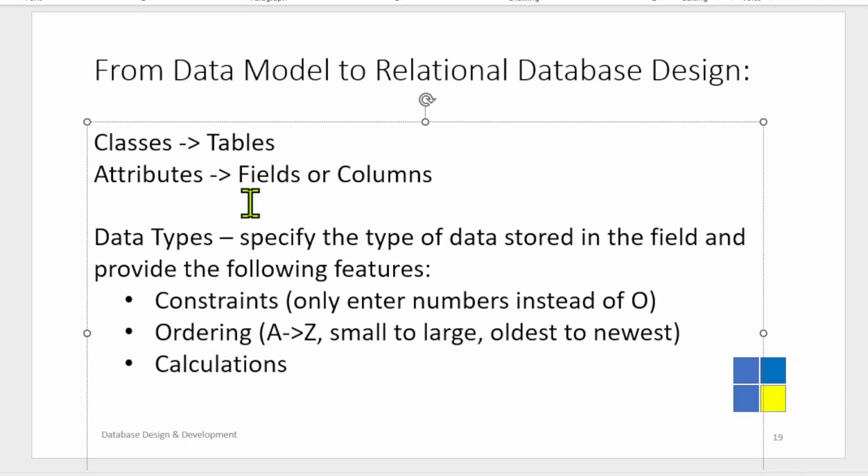Or if you have an email, you'd want to set it up so it has to have that @ sign. Say you have a constraint for standard US zip codes, which are 5 digits; you could set the field to only allow 5 digits. You could set up calculations, ordering, all kinds of stuff like that within the data type. But you just want to make sure you pick the correct data type for what you're doing.